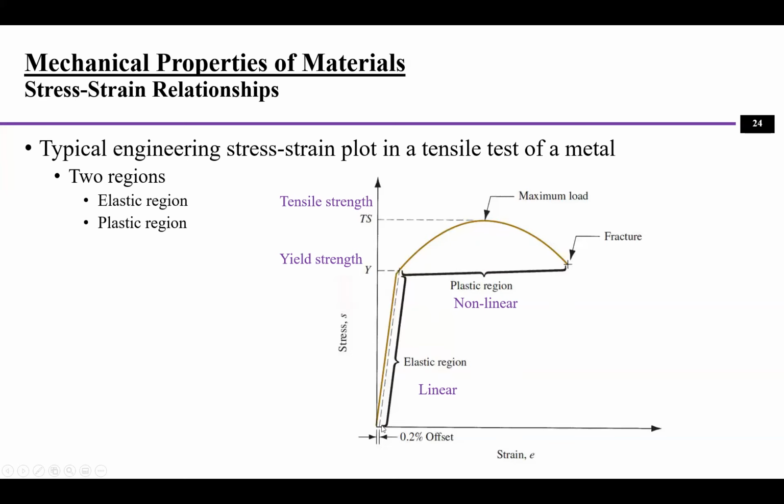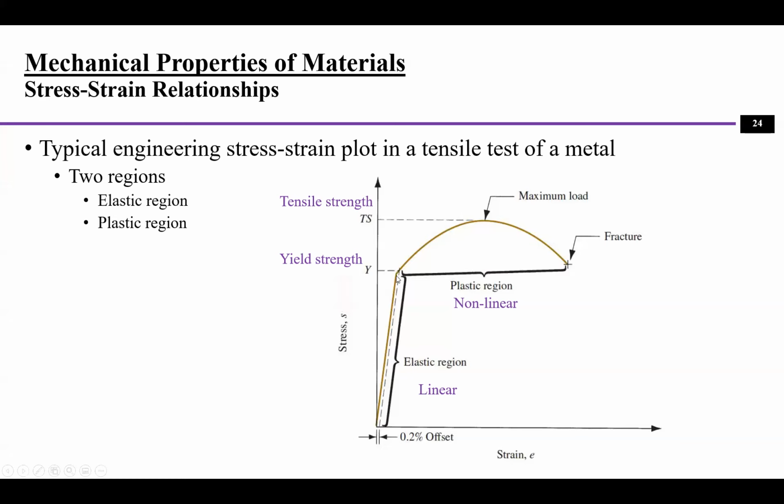At the first period of time, it's a linear change of the tensile strength, and this linear change is the elastic region, which means there's no permanent damage or permanent deformation yet.